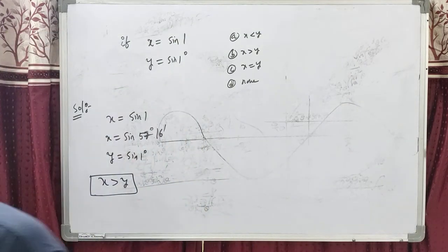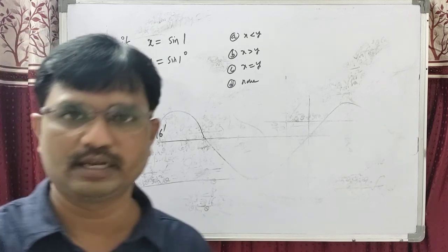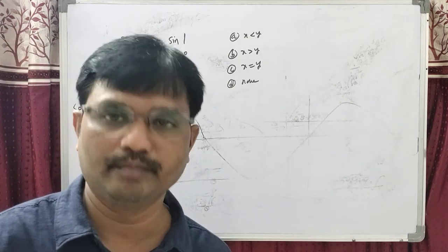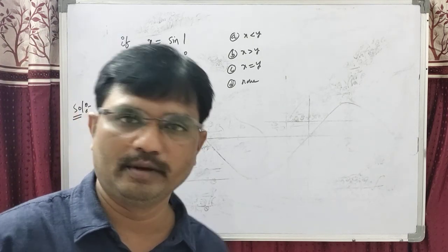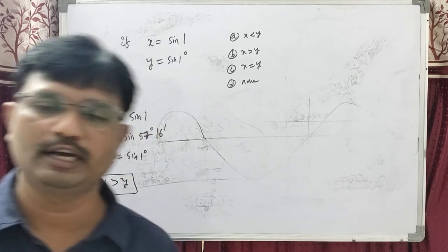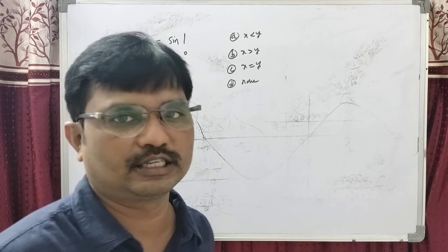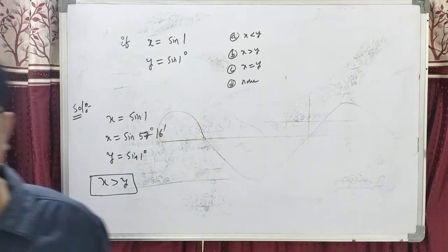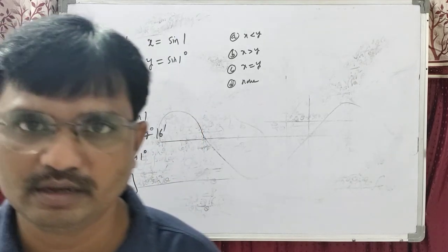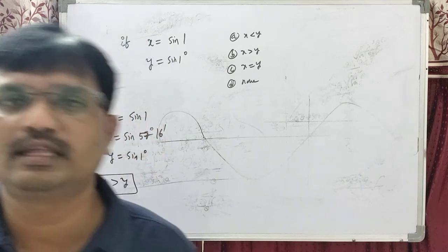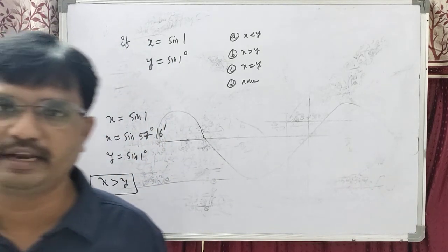So the range of sin and cos are both the same, minus 1 to 1. Domain also both are R. We can substitute any real value for x in sin x, cos x. Therefore, now we can write the range of sin and cos is minus 1 to 1.